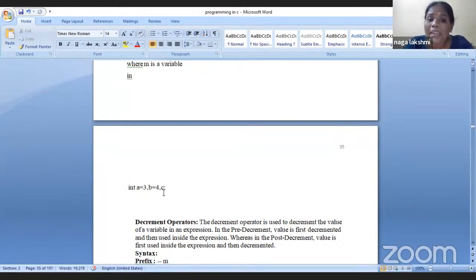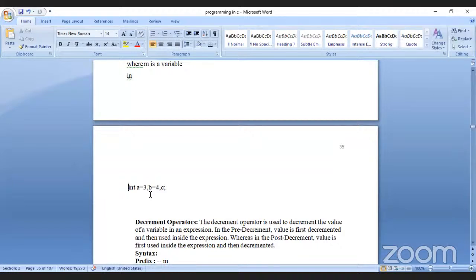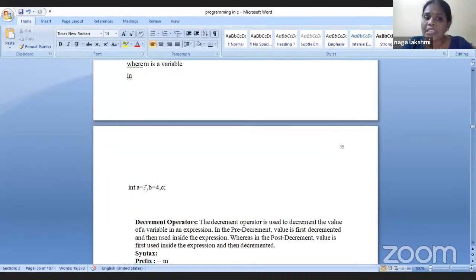Similarly here memory allocates space for them. Here a, b, c are called variables. 3, 4 they become constants. Why a and b are called variables? Now I am giving a value as 3. Previously I gave a value as 35,000 or something. Means all the time a is changing its value.